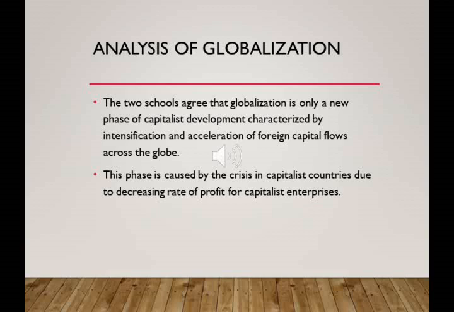They consider it a response by capitalism, by advanced capitalism, to its crisis in its own countries. We did talk about this before, but capitalism finds that its rate of profit is declining in its own countries. So, if you invest in the US, this would bring maybe a rate of return on capital of 4%, 5%.